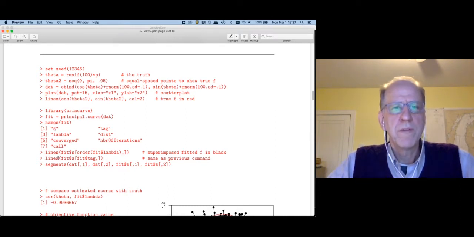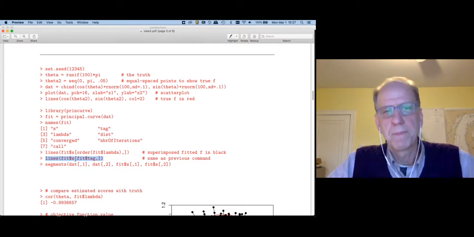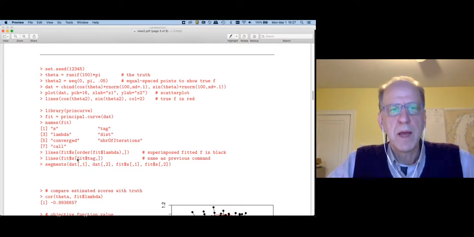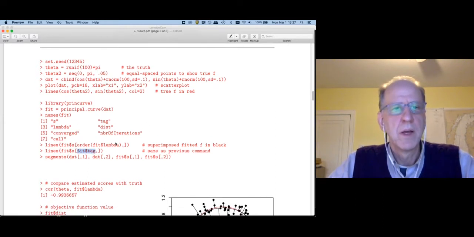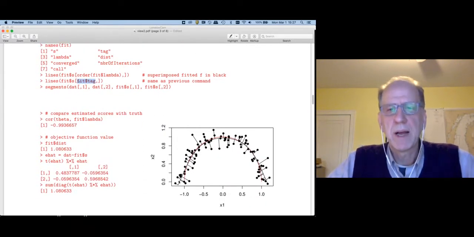So if I were to do a lines command of fit$s, this is going to give me two-dimensional points, and we're going to give it this ordering, fit$tag. What we get is the black line.